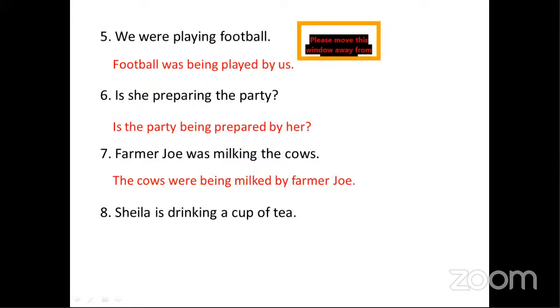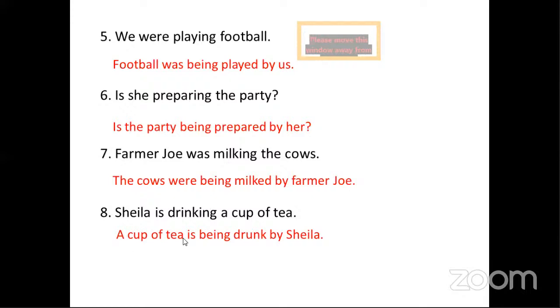Right. Final sentence. Shayla is drinking a cup of tea. This is an affirmative sentence, present continuous. The cup of tea is the subject, so it comes as the subject of the passive, a cup of tea. And the tense is present continuous, so we have to get the present be verb is being.